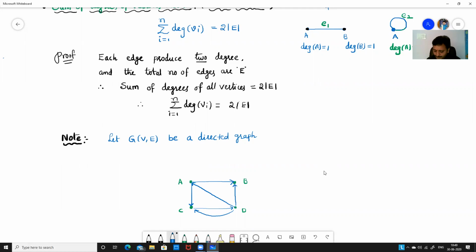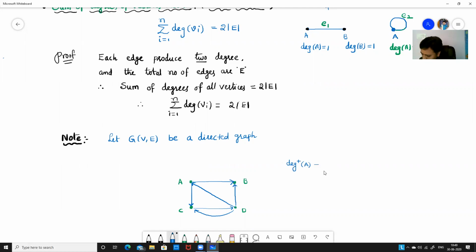Now, if I want to find the degree of A, then the degree of A can be computed by using in degree as well as out degree. First, I want to discuss the in degree of vertex A. In degree of vertex A is denoted by degree plus of A. Plus means in degree, minus means out degree.